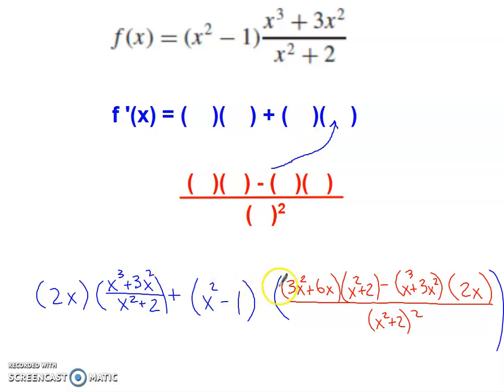And then in this last set of parentheses here, that concludes my product rule, what I actually have to do is go through a quotient rule build. So I've got the derivative of the top part of this quotient times the original bottom part of the quotient minus the original top part of the quotient times the derivative of the bottom part of the quotient, and that's going to be all over the original denominator squared.